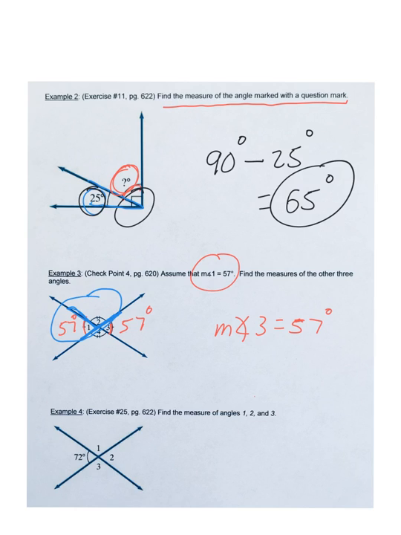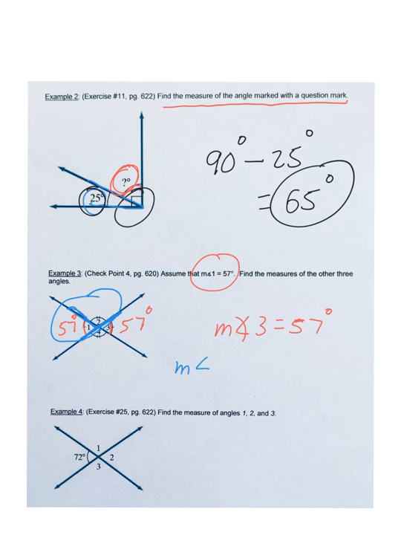So whenever you have adjacent angles, those are neighbor angles that share a side, sitting on top of a straight line, we need to remember straight lines are 180 degrees. That was on the very first slide of this whole video. So straight lines are 180.